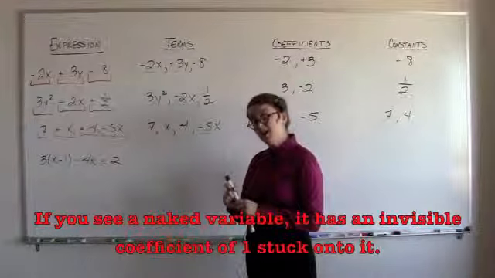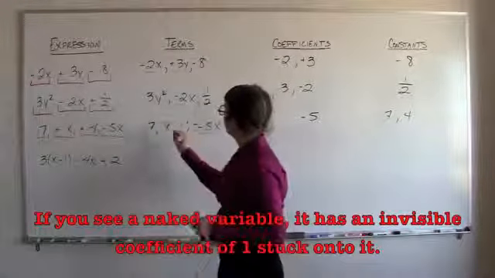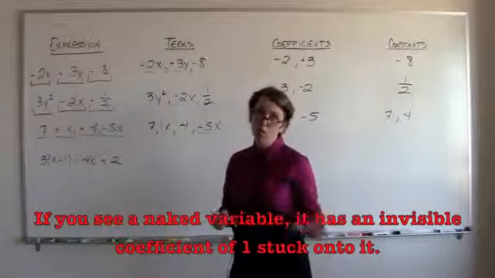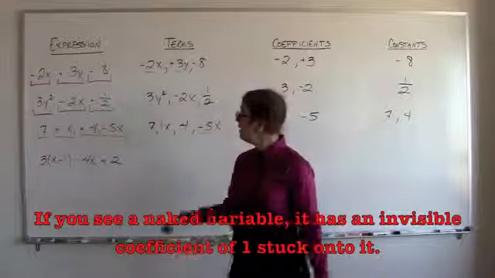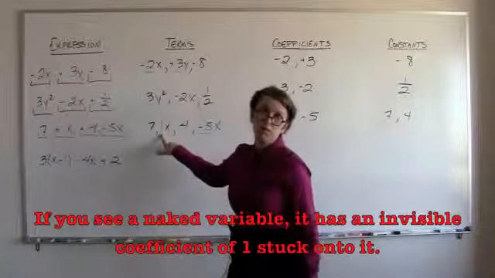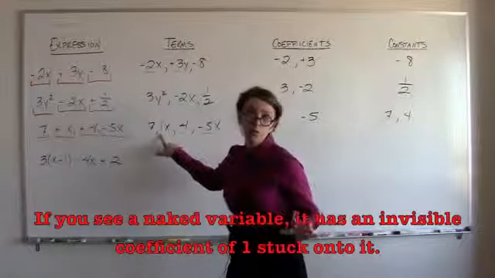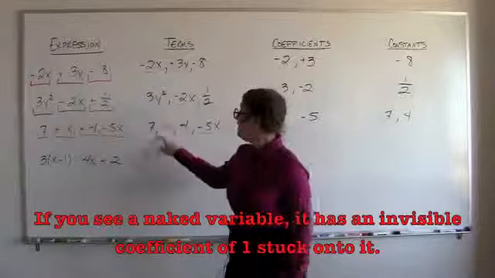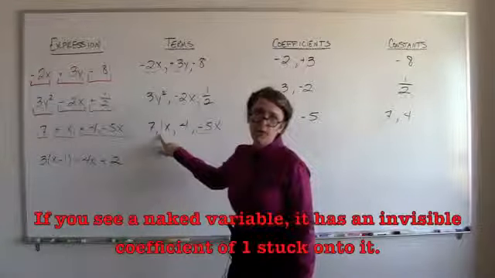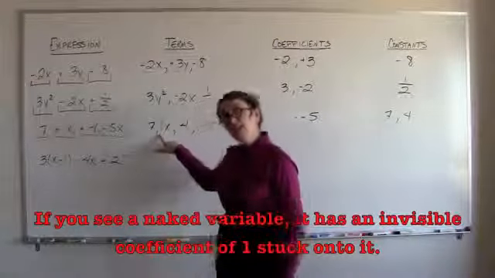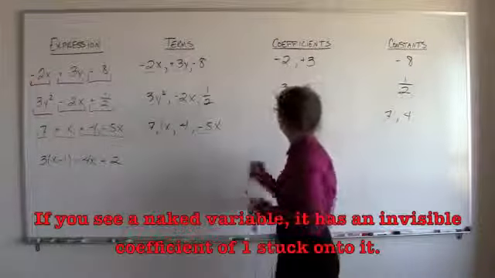It's an invisible 1. Anytime you see a little naked variable all by itself, what it really means is there is an invisible 1 stuck on the front of it. And when you're learning to combine like terms, which is what we're going to be doing a little bit later, it's really handy to know that that little 1 is there and make it visible when you need it. So the second numerical coefficient in this expression is a 1.